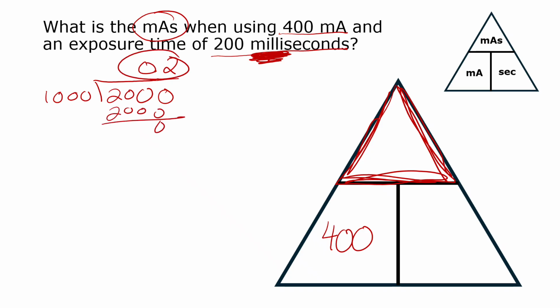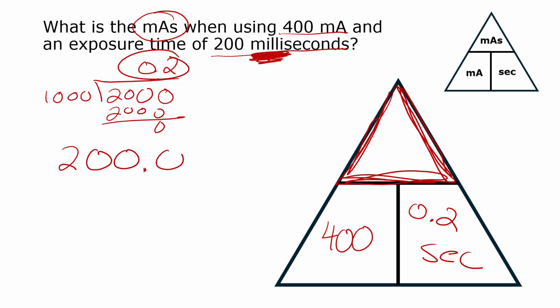So the answer is 0.2 seconds. So 200 milliseconds equals 0.2 seconds. We can also do it the easy method by just moving the decimal place over. So here we have 200. Let's move the decimal place over 3 times. 1, 2, 3. So that leaves us with 0.2. So again, that's a different way that we can do it.